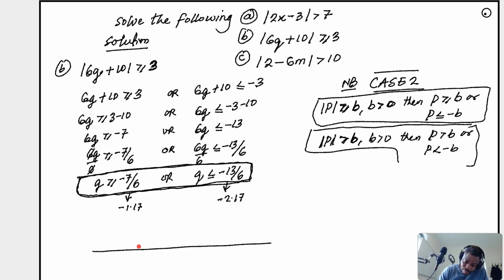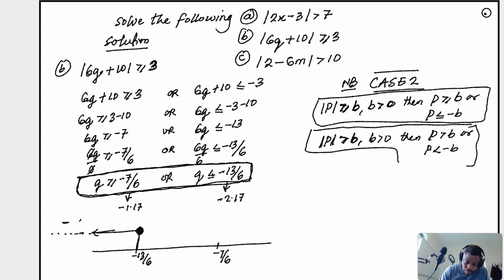So this is minus 13 over 6, because minus 13 over 6 is less than minus 7 over 6. So minus 7 over 6 will be here. For minus 13 over 6, q is less or equals to. Equals to means it's shaded, and it's less, so it goes that way. That simply means it's continuous, right?